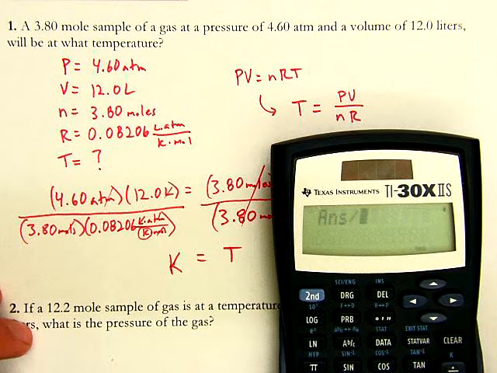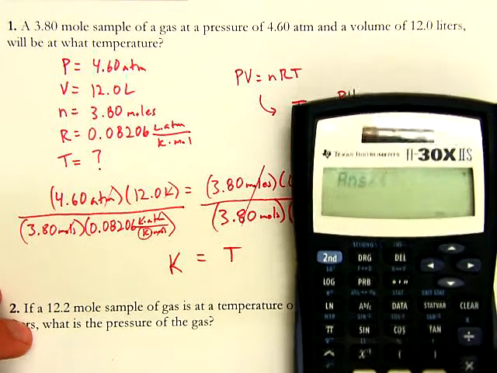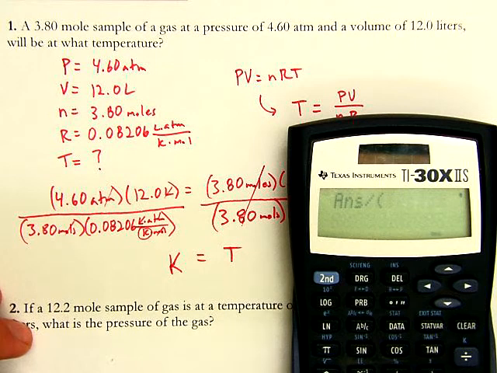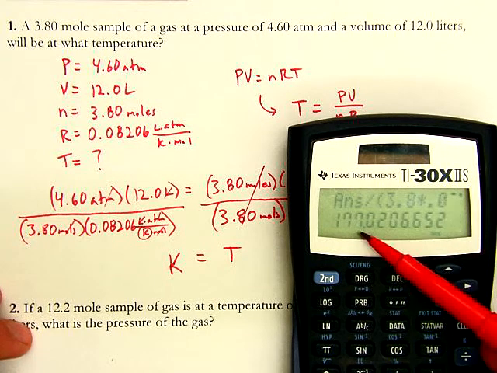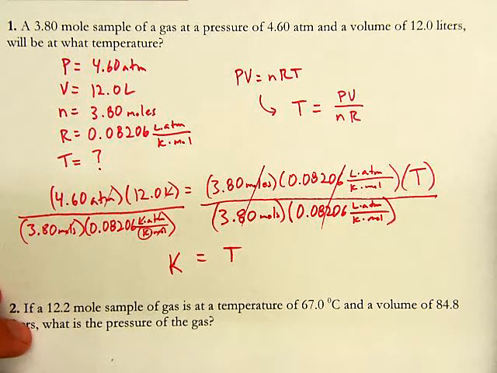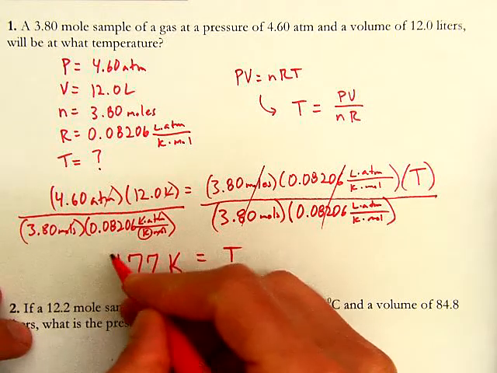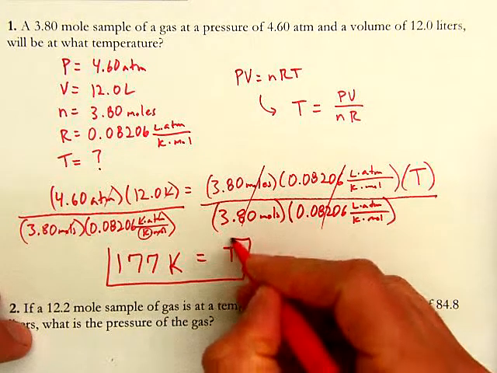That's divided by, open parentheses, sorry about the glare, open parentheses, 3.8 times 0.08206, close parentheses, we get 177, which is the temperature in Kelvin.